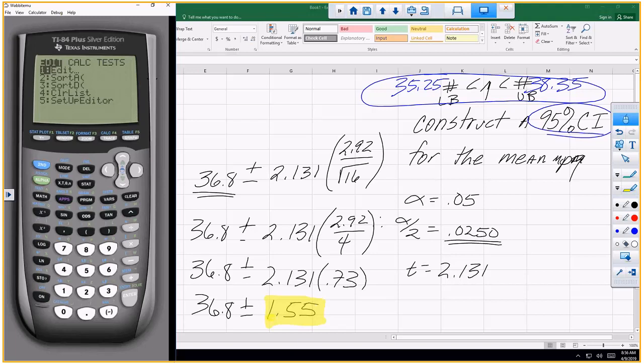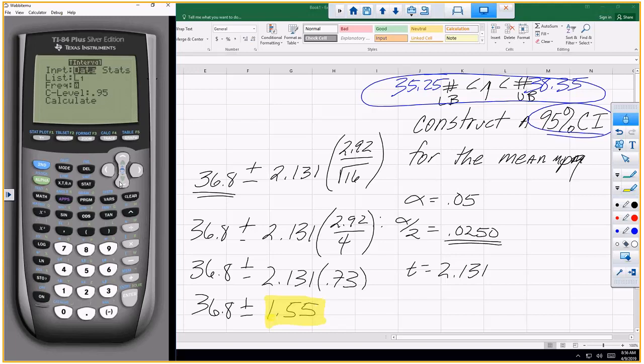All right, those of you right there, test, number 8, T interval. Here you type in data, and the list would be L1. If you punched in another one in L2, you would use L2.